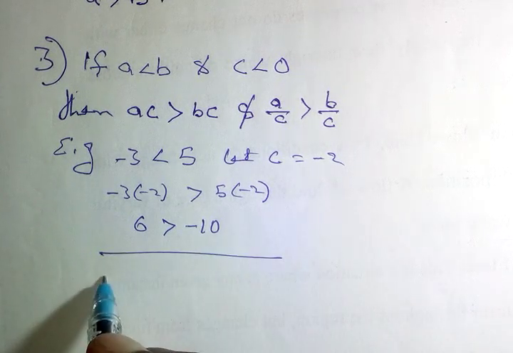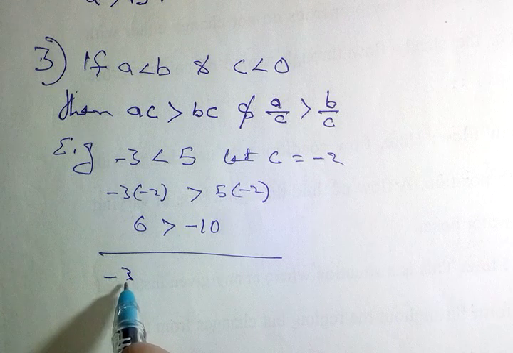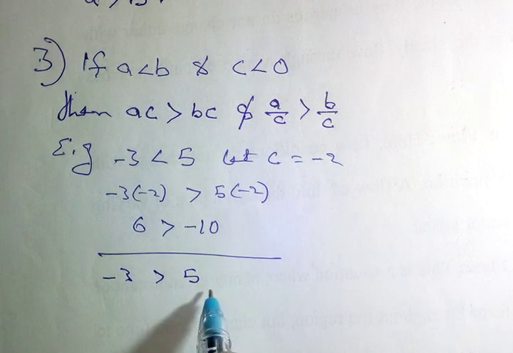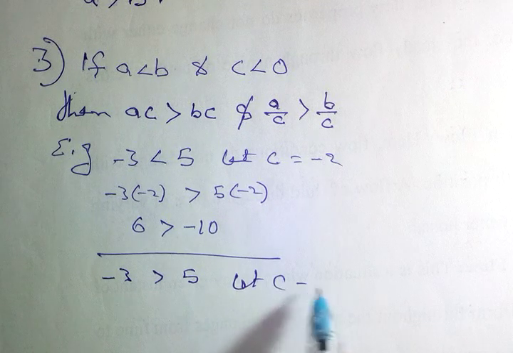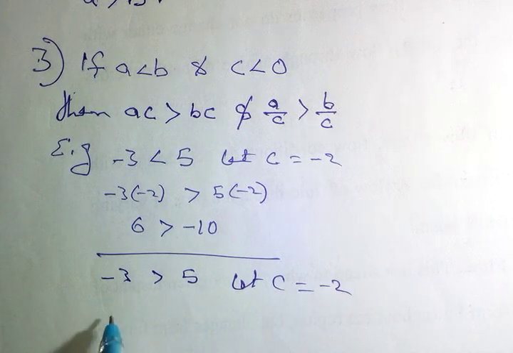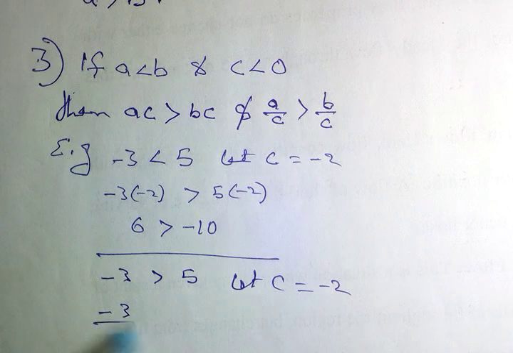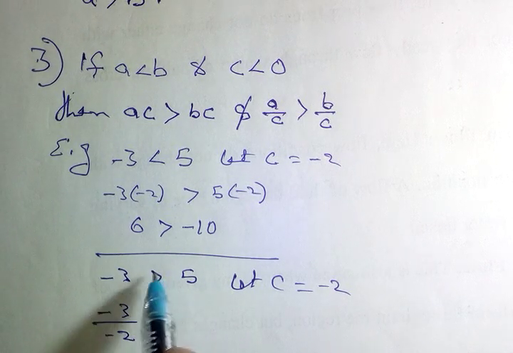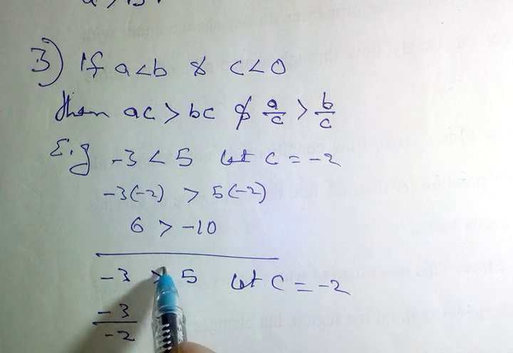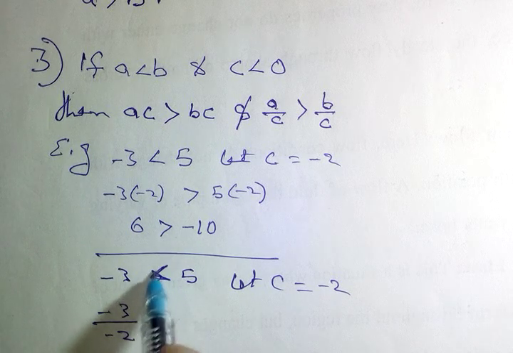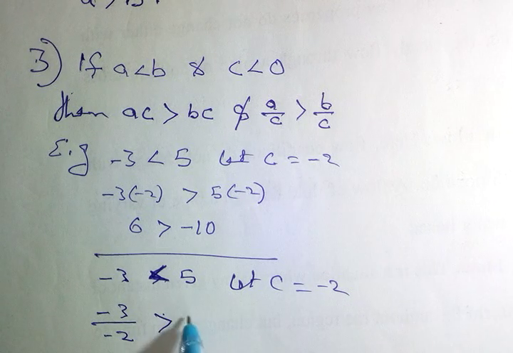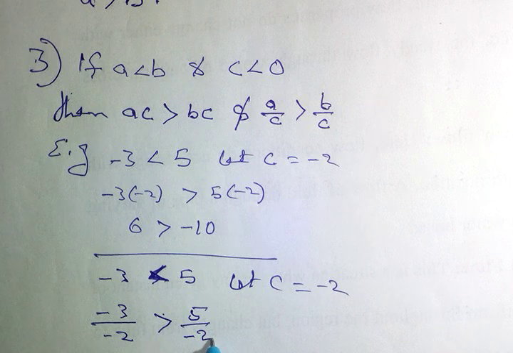Okay, so the same thing applies when we divide. When we choose to divide both sides of negative 3 less than 5 by negative 2, we are having negative 3 over negative 2, which will now become greater than 5 over negative 2.